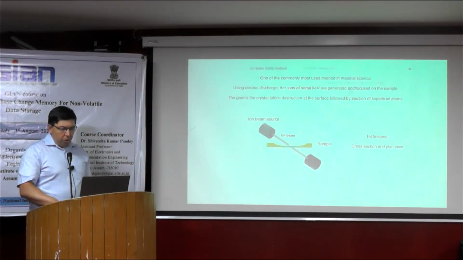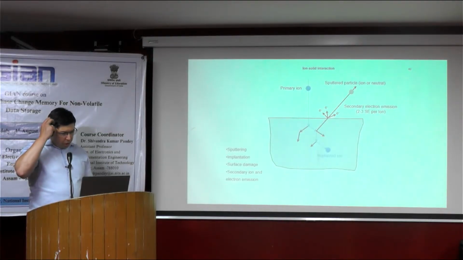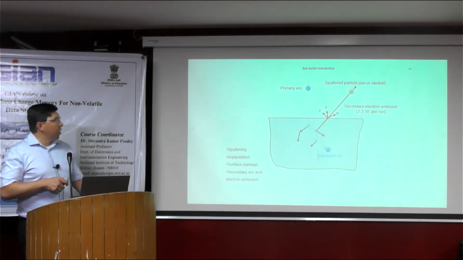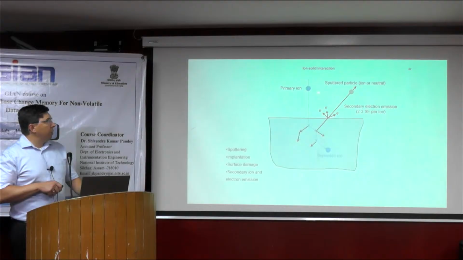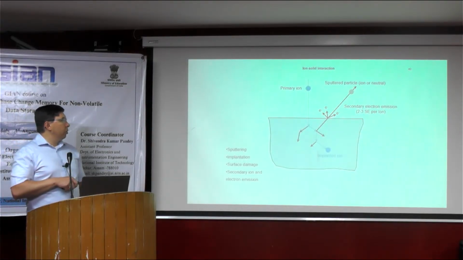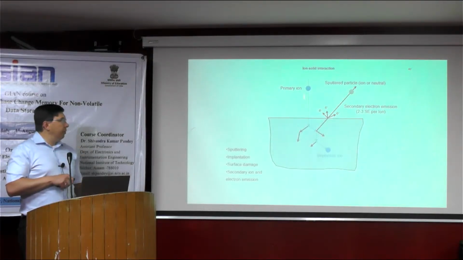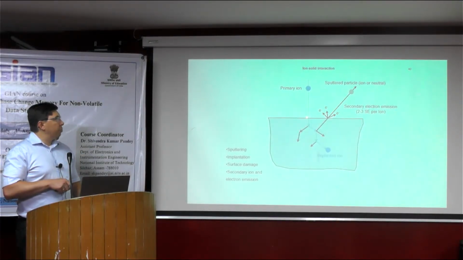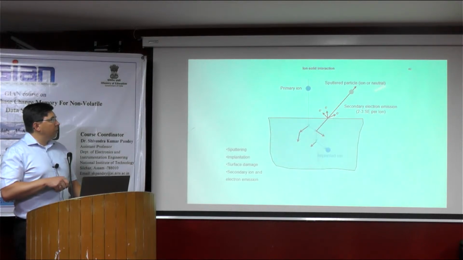Here we can consider some processes of ion-solid interaction. If we bring an ion onto the surface, we can get different events. We can have sputtered particles, like ions or neutrals. We also have some secondary electron emission.